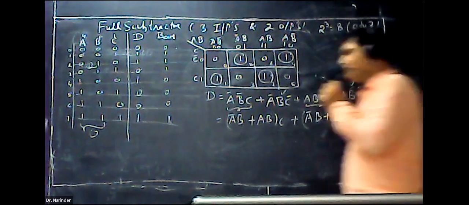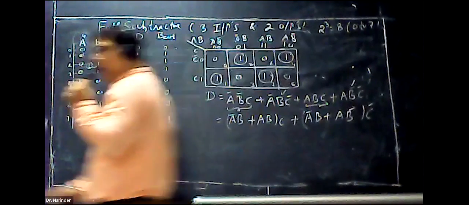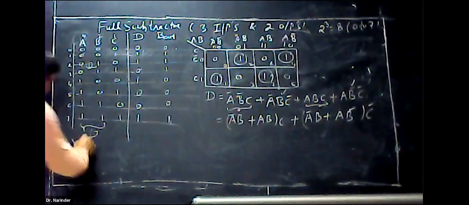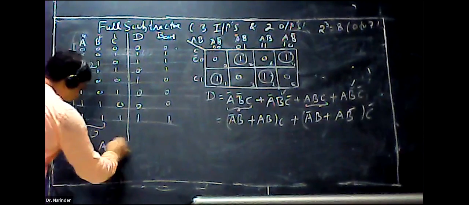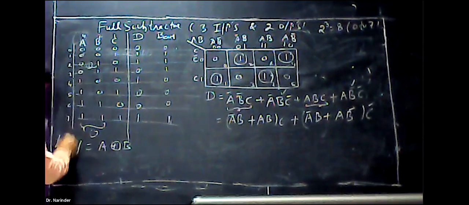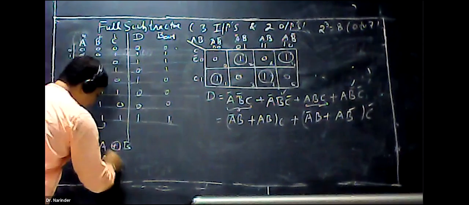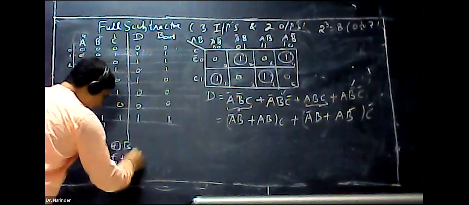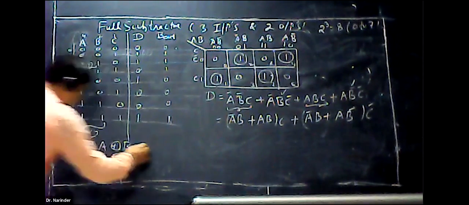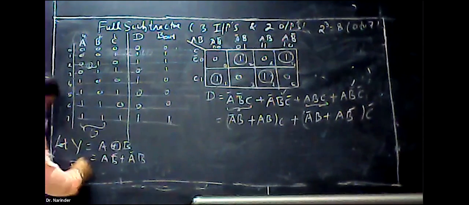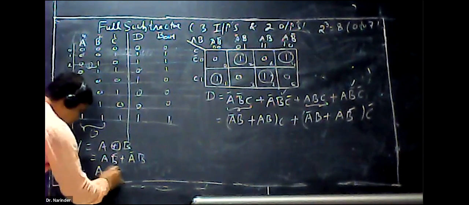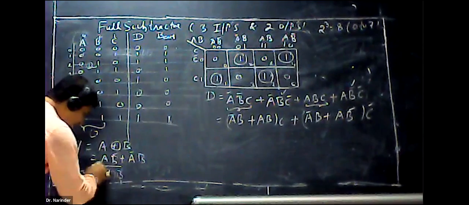Now let us assume that Y is equal to A XOR B. Let Y is equal to A XOR B, means A B bar plus A bar B. If I write Y bar, it would be XNOR. So what would be the result of XNOR?